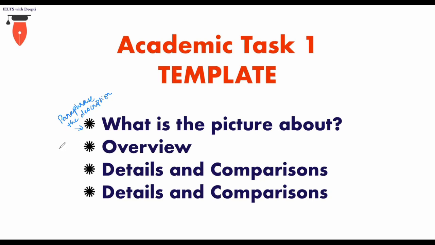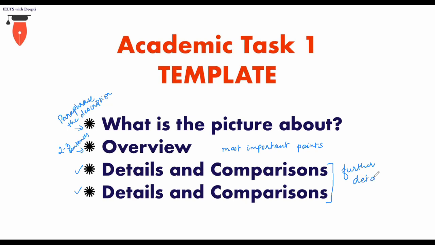Then you write in 2 to 3 sentences the highlights, the most important points, in the overview. So in the overview, you would focus on the most important points. And then in the third and the fourth paragraph, you would write further details.